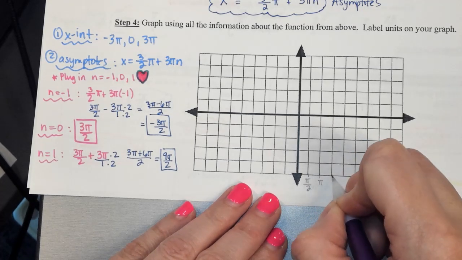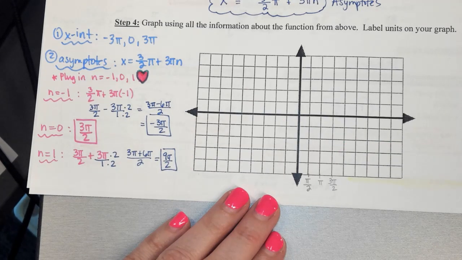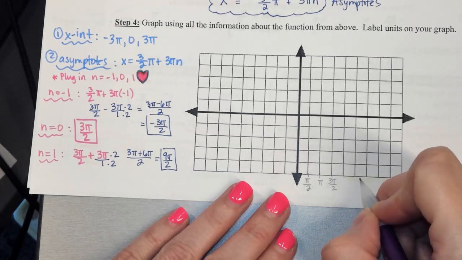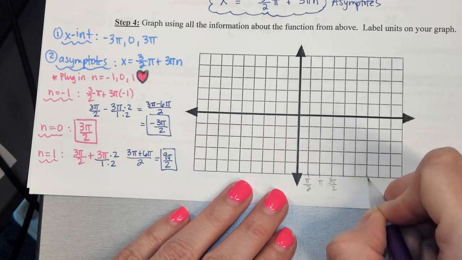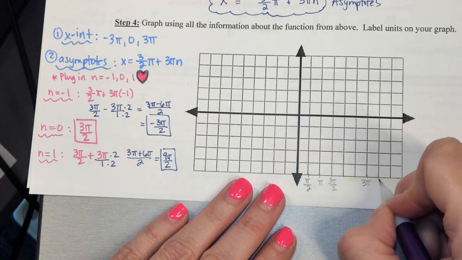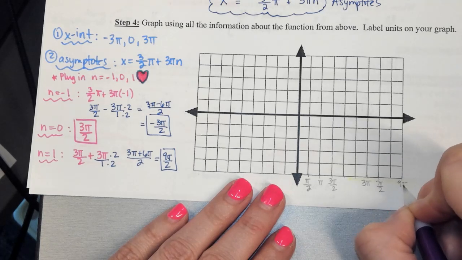Pi. And then I'm going to label 3 pi over 2 because that's one of my key points. 4 pi over 2 is 2 pi. I'm not going to label that. 5 pi over 2. 6 pi over 2 is 3 pi. 7 pi over 2. 8 pi over 2. 9 pi over 2.